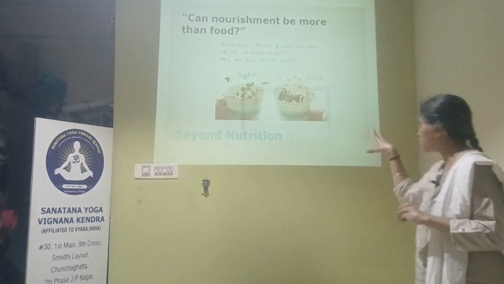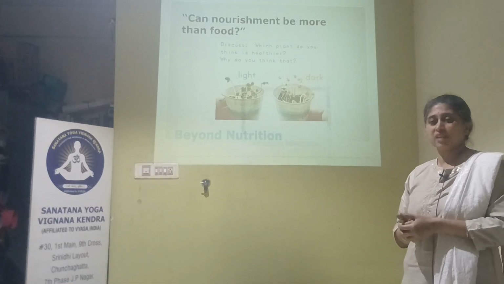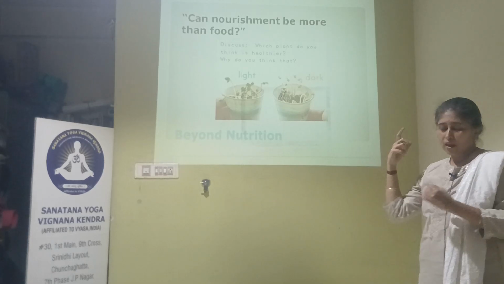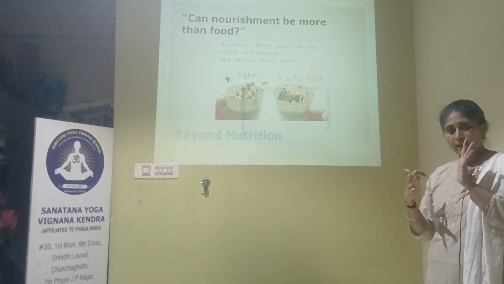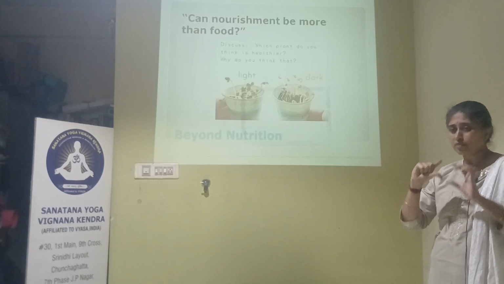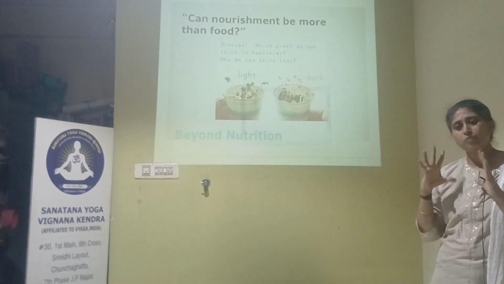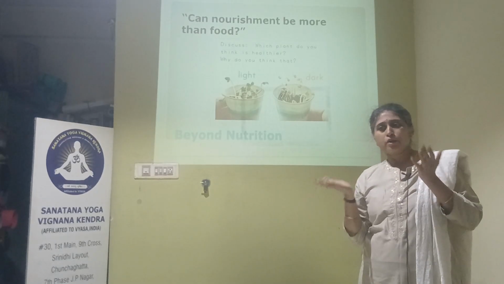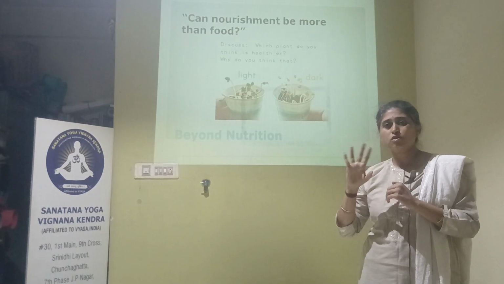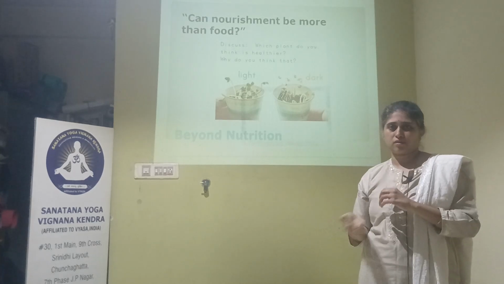Here the sunlight is the nourishment, which is very important. We have given water, soil, fresh air, everything, yet because of that nourishment there is a lot of difference. Similarly during pregnancy, food is required and essential, but it is not the only nourishment. There is something other than food.